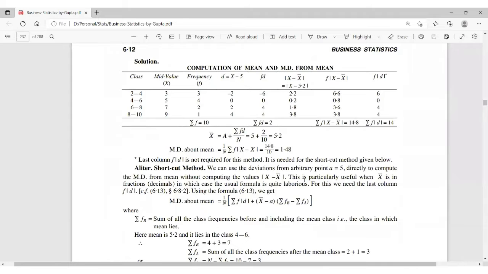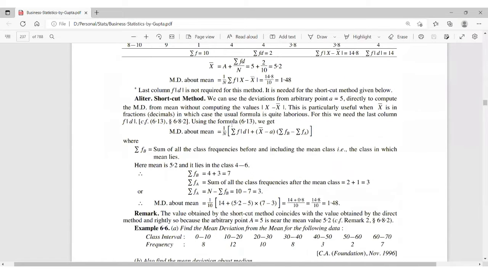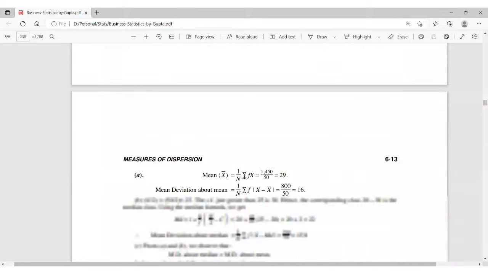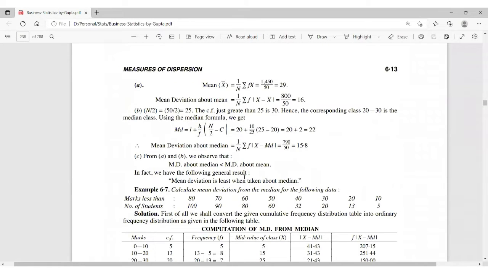The formula is the summation of f times the modulus of x minus x bar, divided by the sum of f.